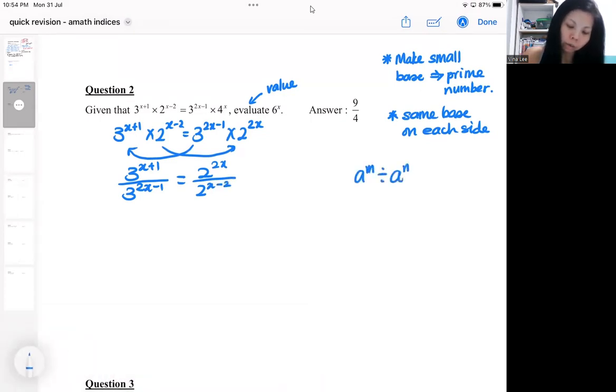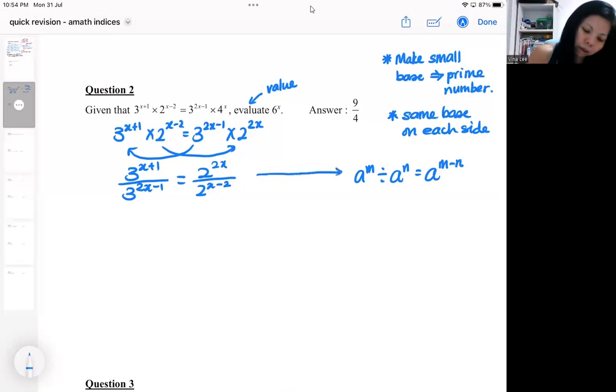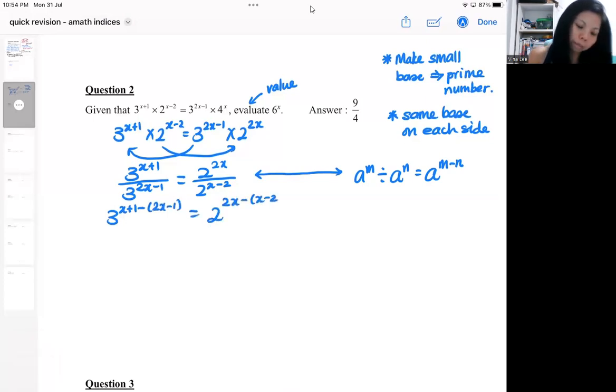So it's equivalent to doing this. You just directly subtract the power. So you will do a same base division. Be careful when you subtract the power. Subtract with bracket, because a lot of students may make some mistake here.